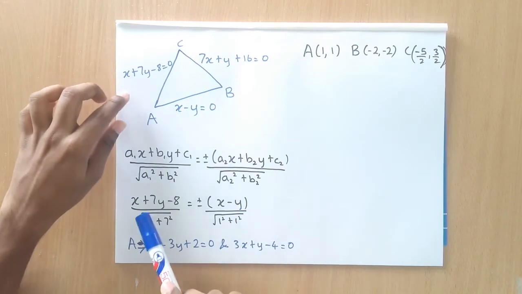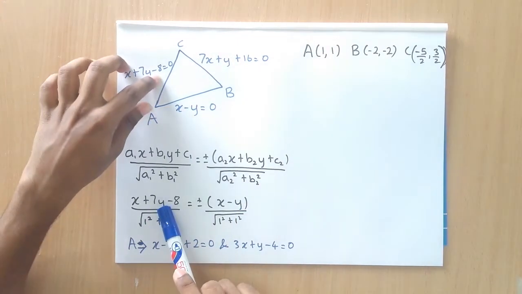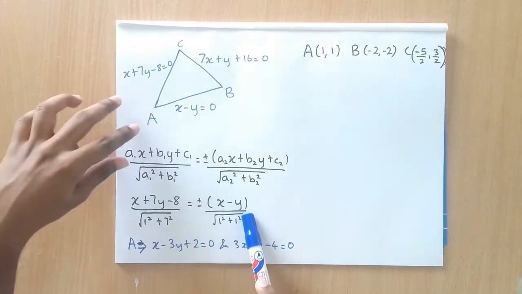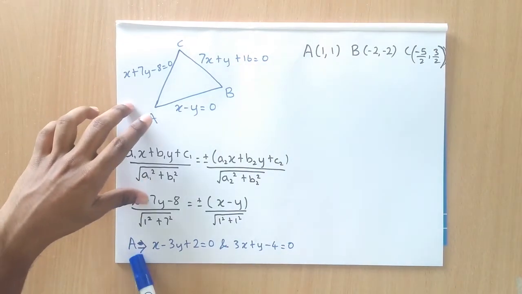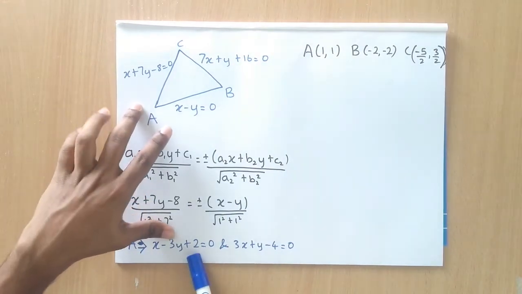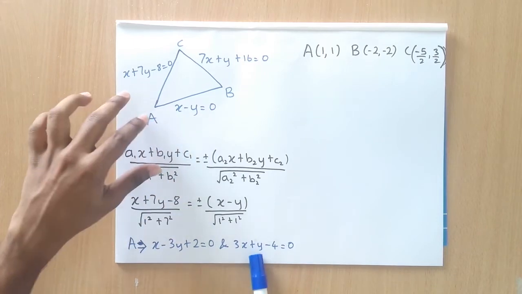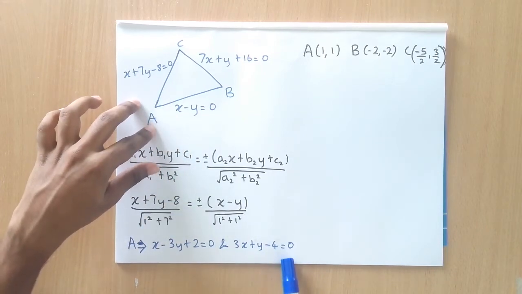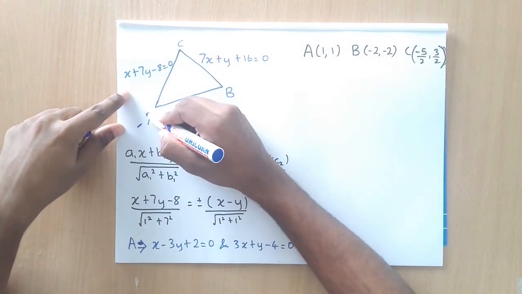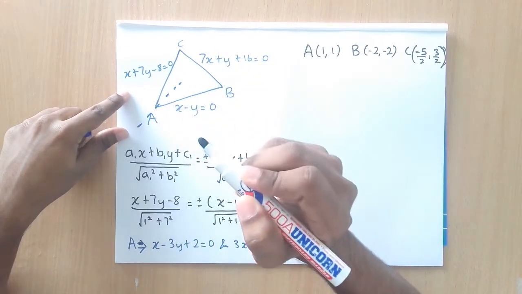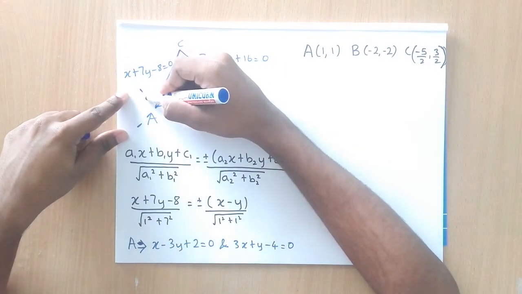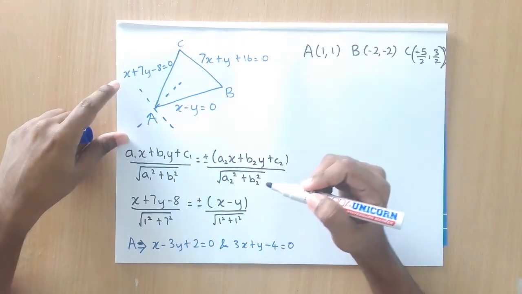So by substituting the equations x plus 7y minus 8 and x minus y, we can find the bisectors at A as x minus 3y plus 2 equals 0 and 3x plus y minus 4 equals 0.